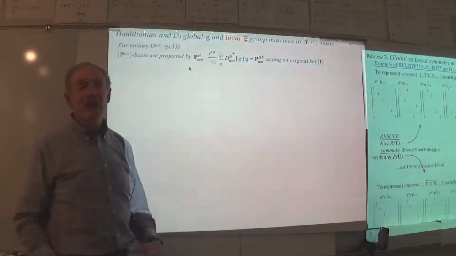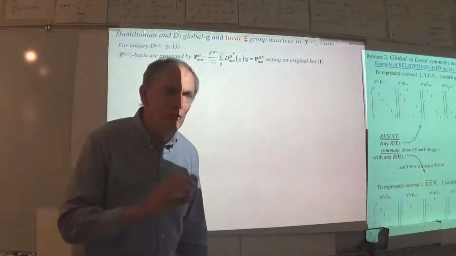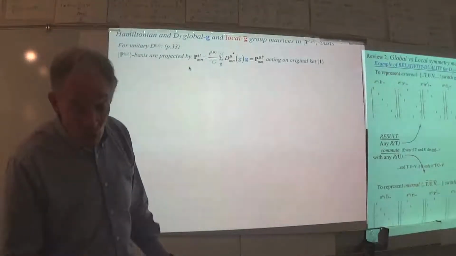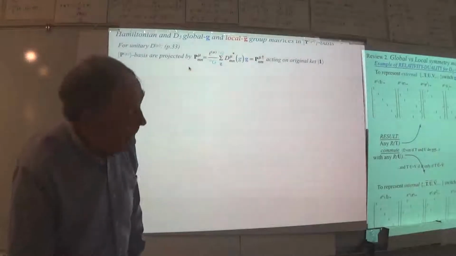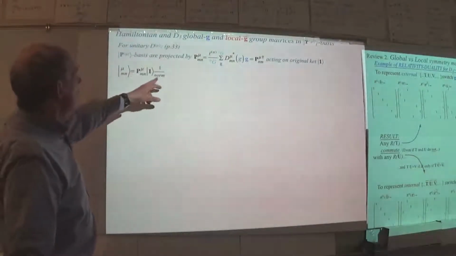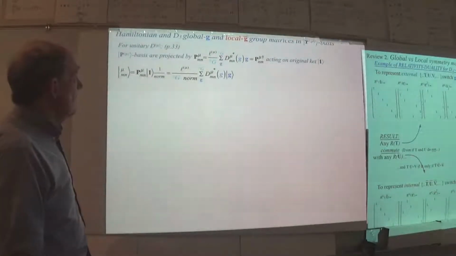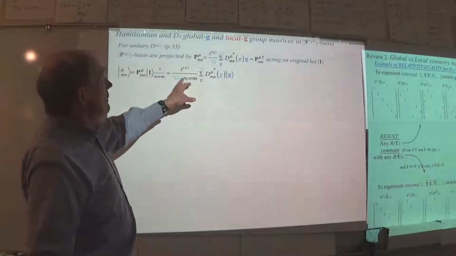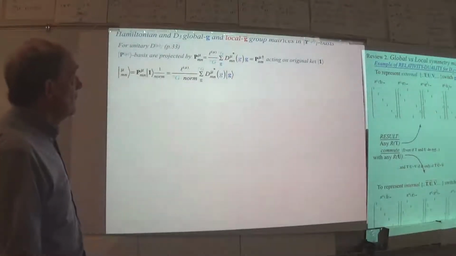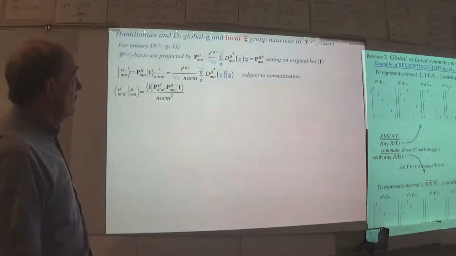It became a question of how do you integrate it, what weight function do you use for Euler angles or axis angles. Okay, so what we need here is the norm that goes with that. We have already worked that out, but whatever that norm is, it will be in the denominator of the projection operator, which we're about to use.